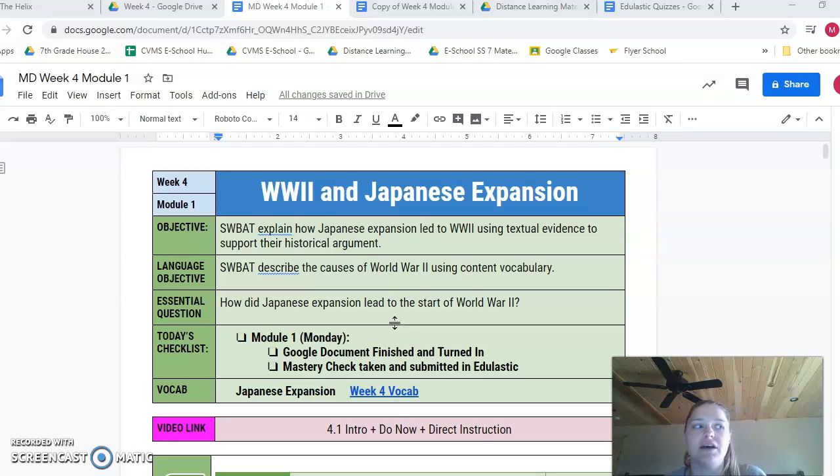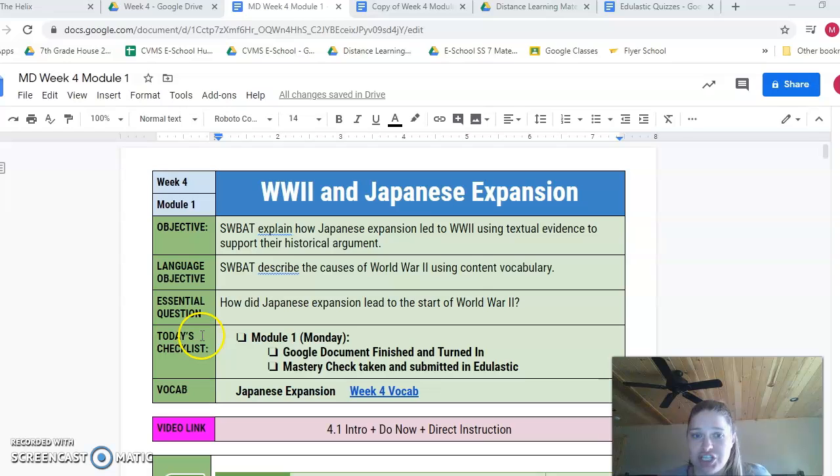A lot of movies are done about this, especially about the United States involvement in the Pacific. It is called Japanese expansion, or also the Pacific Theater, because it was in the Pacific Ocean. All right. So our objective for today is that students will be able to explain how Japanese expansion led to World War II using textual evidence to support their historical argument.